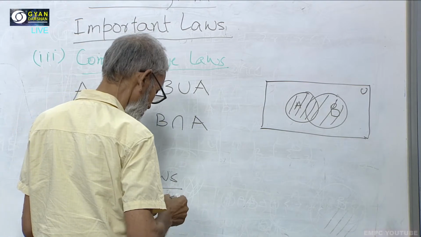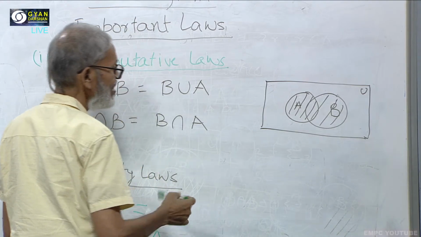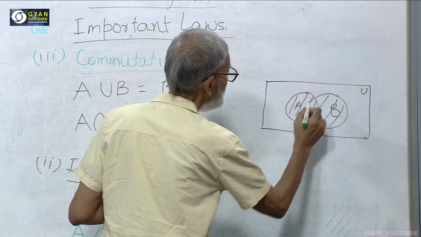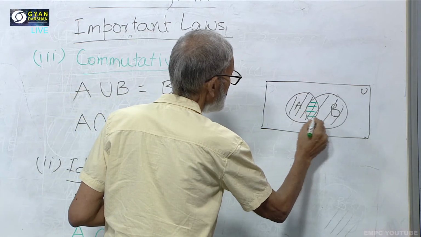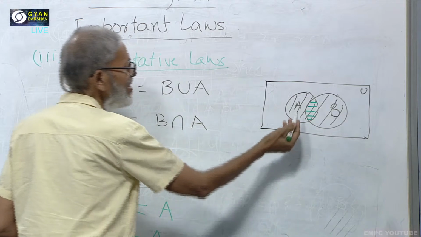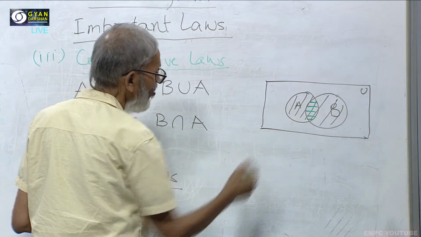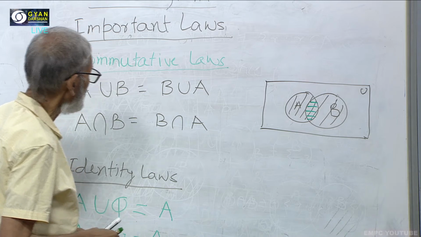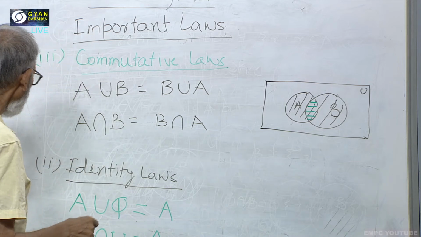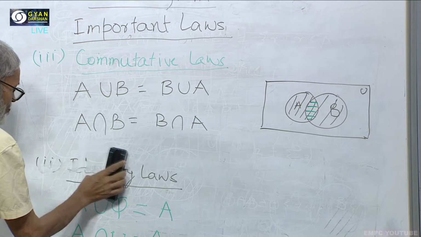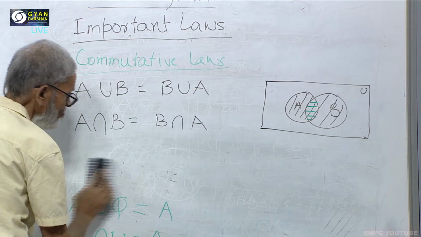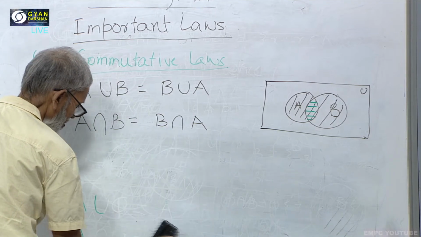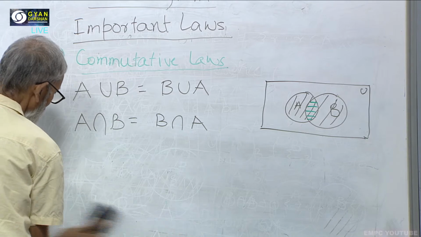Again, A intersection B will be this region and B intersection A will also be this region. So, commutative law holds good for set operations, intersection and union.